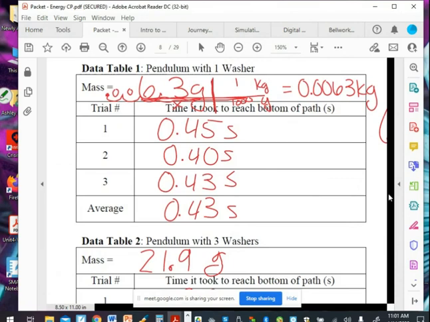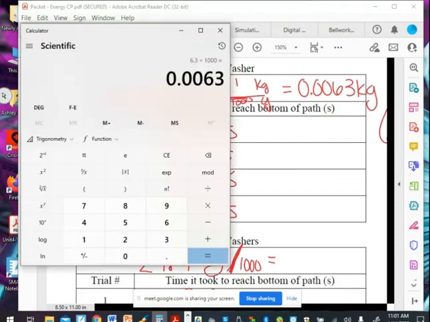All right, now we're going to do the same thing for the mass in data table 2. All right, so I'm not going to show all the steps here just because it gets kind of mucky, but basically we're just going to take 21.9, go ahead and make a slash here for divided by 1,000, right? So again, your number may not be 21.9. You got to use whatever you have written down.